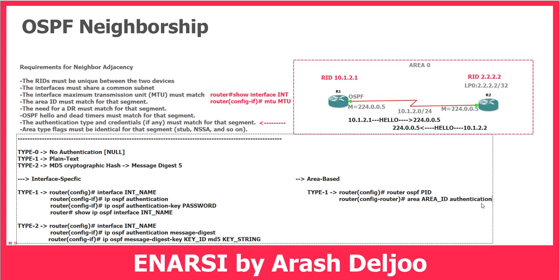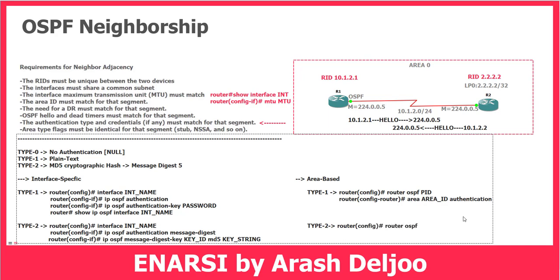Okay, then authentication. What does it mean? It means that we are using type 1 authentication. Or if you want to configure type 2 authentication with the area-based command, you can use commands similar to the interface-based command.